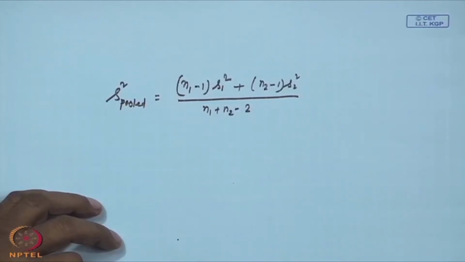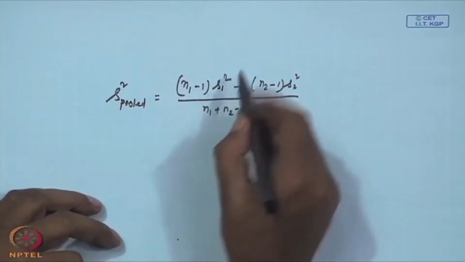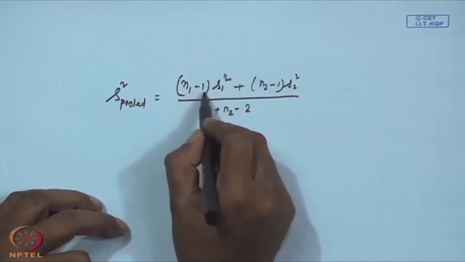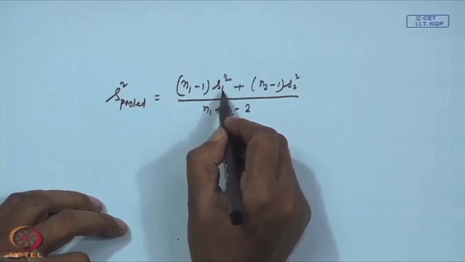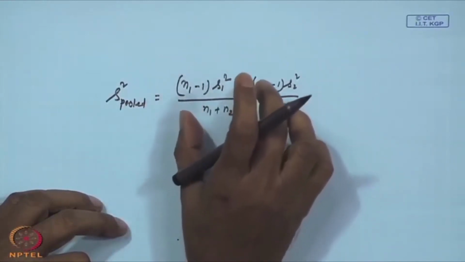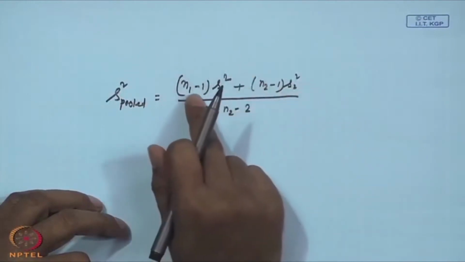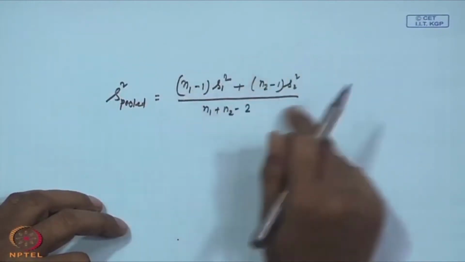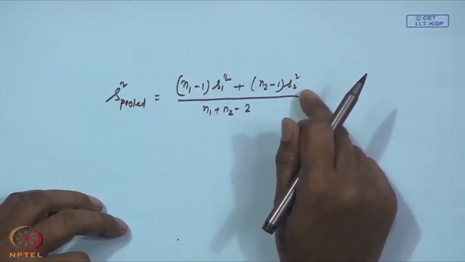What are you doing here? N1 minus 1 times S1 square is the total variability in the sample from population 1. The second term is the total variability in the sample from population 2.